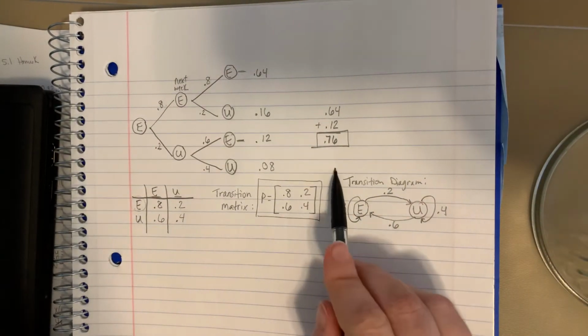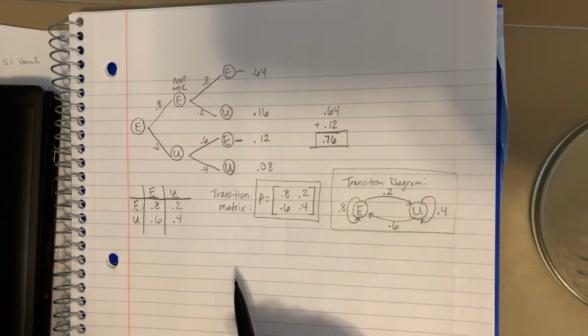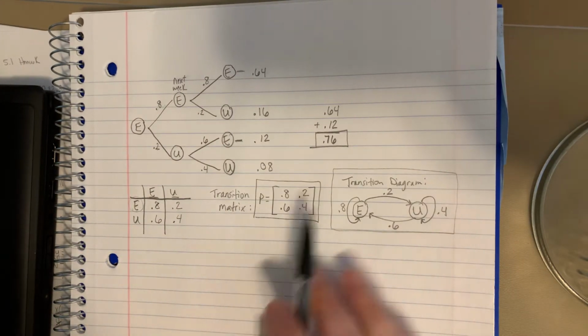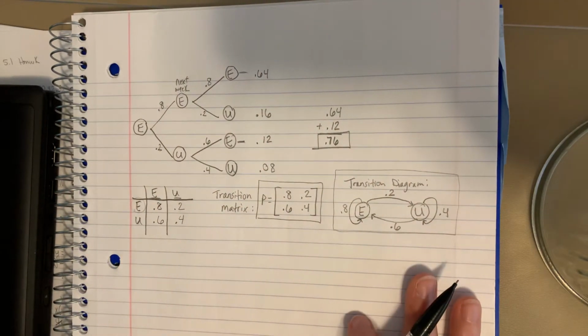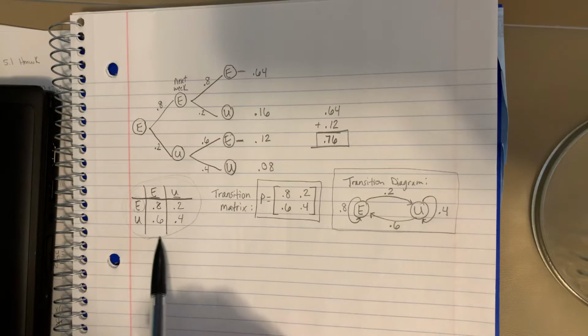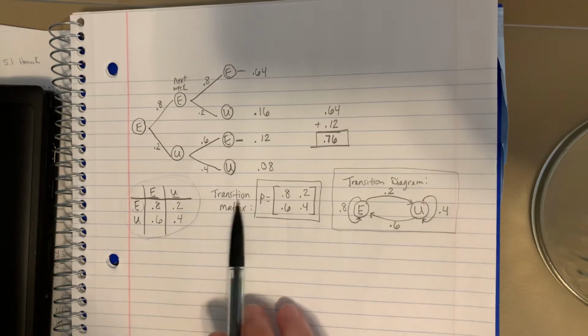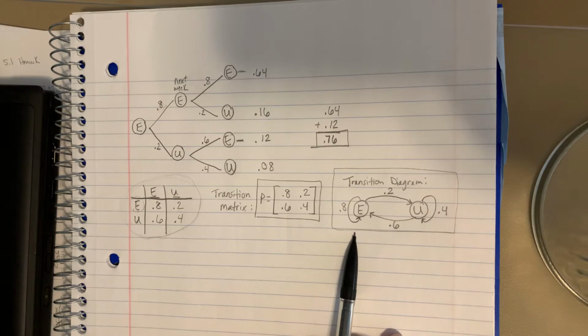So this is your transition diagram. So your Markov chain, this whole process is the process of a Markov chain. Specifically, this right here is kind of the line of thinking on a Markov chain, and then these are just ways to represent that information.